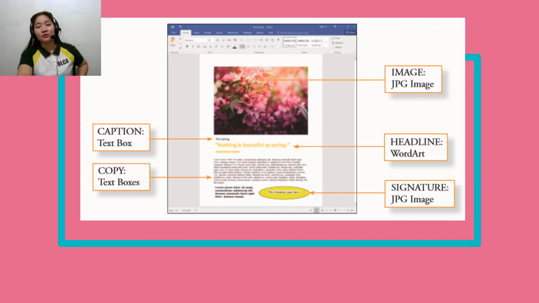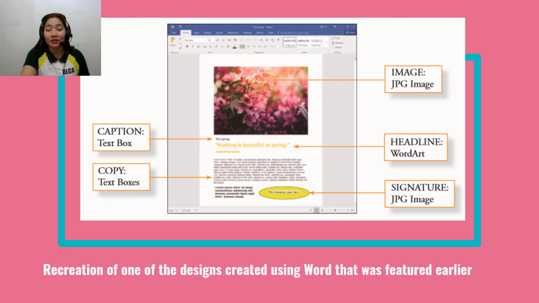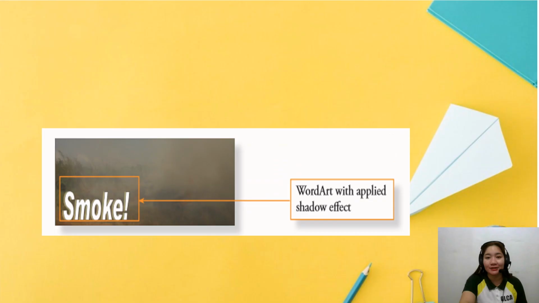In this recreation, we make use of a text box, a JPEG image, the headline using WordArt, and again the signature using a JPEG image. I am pretty sure, class, that you are very familiar with these different elements in contextual tabs: WordArt, inserting pictures, inserting signatures.